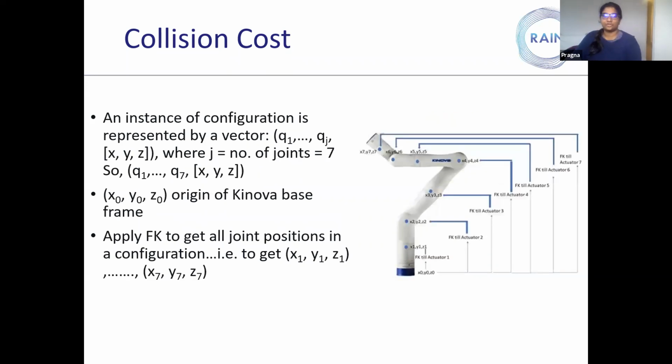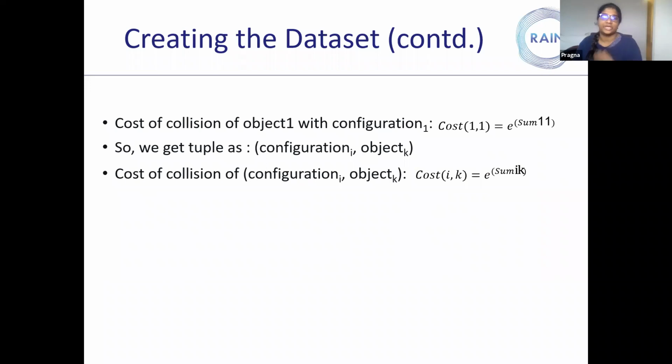So what we are trying to do is we first get the forward kinematics of the links, to get the midpoints. And then we also get the positions of the centroids. So that's how we can get the exponential of that. And then we make a sum of it.